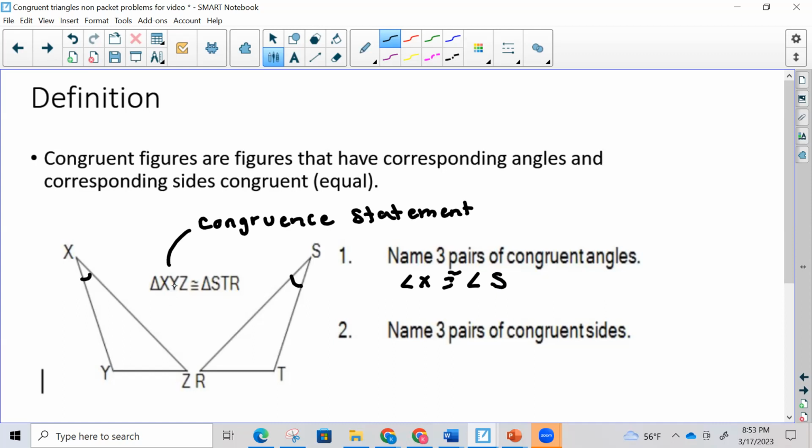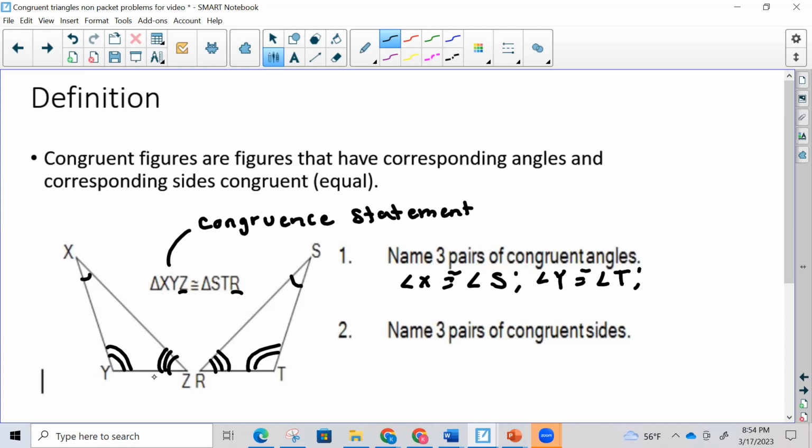Okay. So then my middle letter is Y, and my middle letter in that second part of the statement is T. And so angle Y is congruent to angle T. So I'm going to put 2 arcs on them to show that they're the same measure. And then the third angle, the last angle in each one, is Z and R. So angle Z, I could do 3 arcs, or you can also do arcs with tick marks on them.